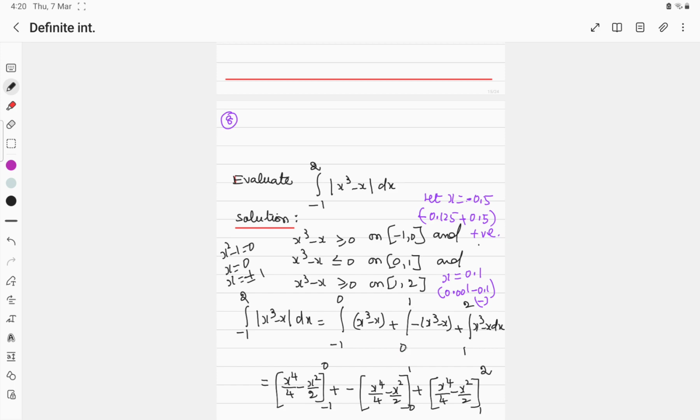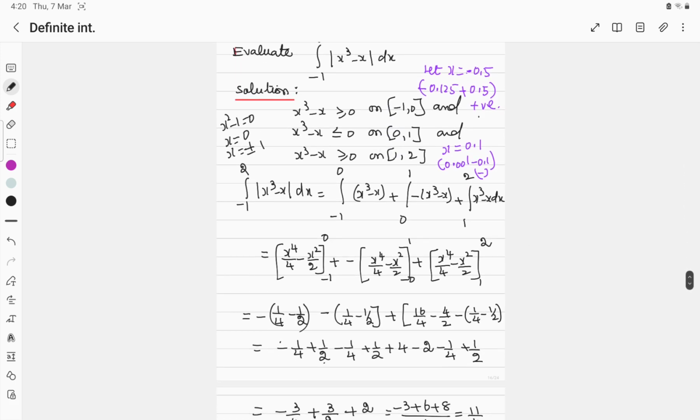Therefore, in the interval 0 to 1, it is negative. So, decreasing. Therefore, minus of (x cube minus x) dx. In the interval 1 to 2, if we take 1.5 or 2 now, we get positive. Therefore, in the interval 1 to 2, the function is increasing.